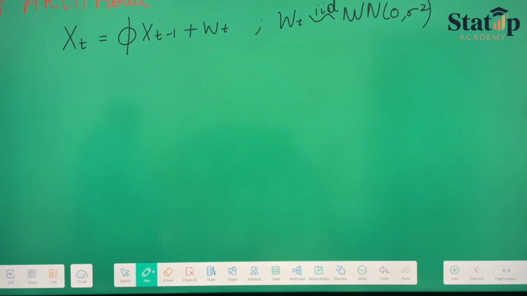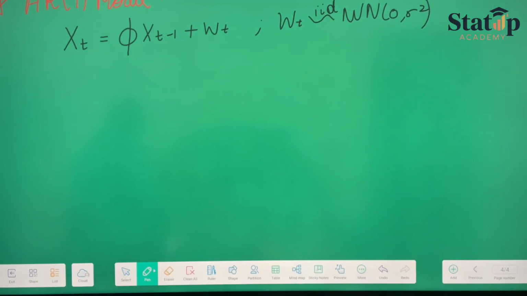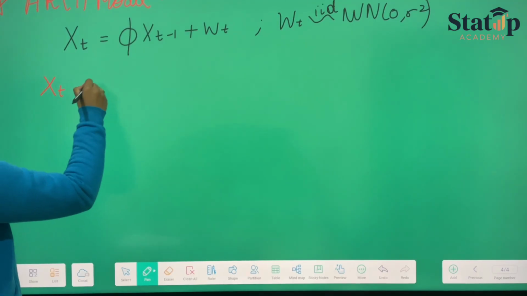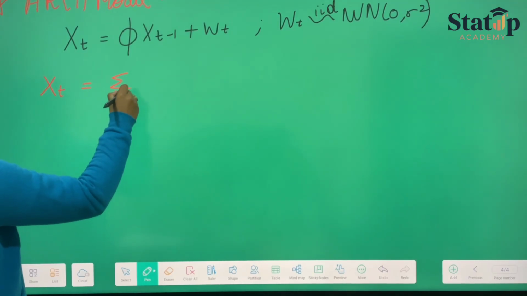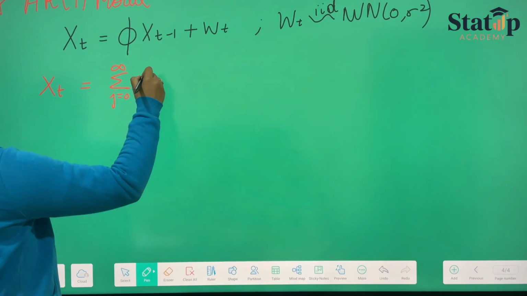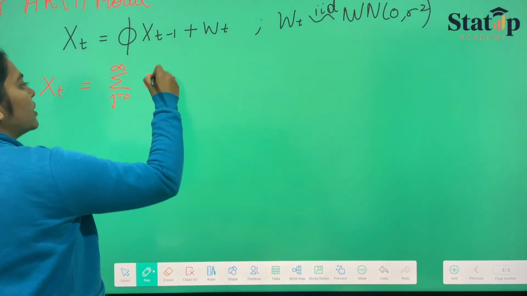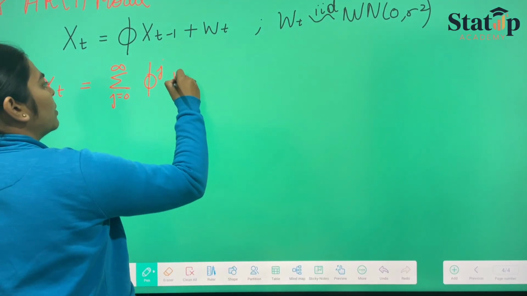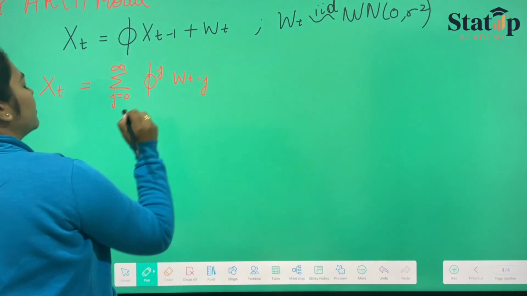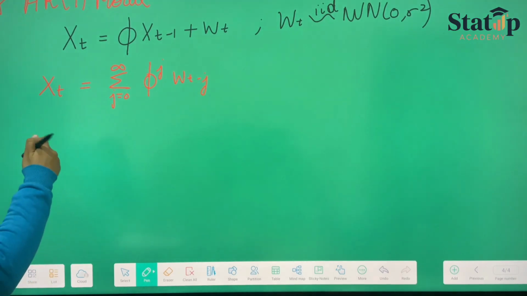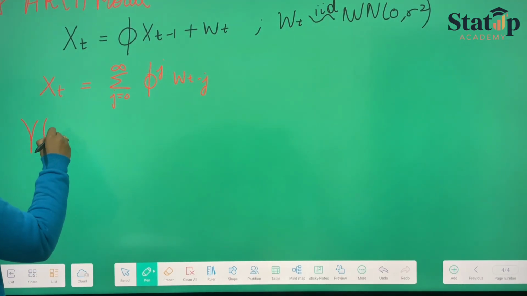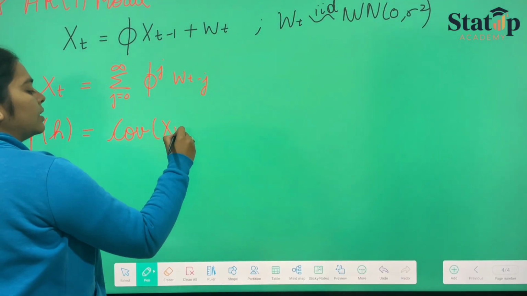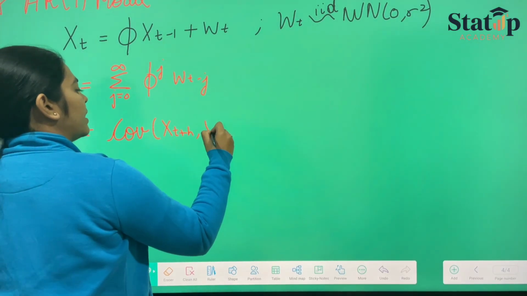Now previously we have done this: x_t can be written as the summation of j goes from 0 to infinity phi^j w_(t-j). And when we expanded this and found the covariance, it was the covariance between x_(t+h) and x_t.